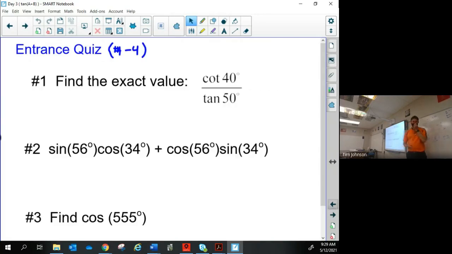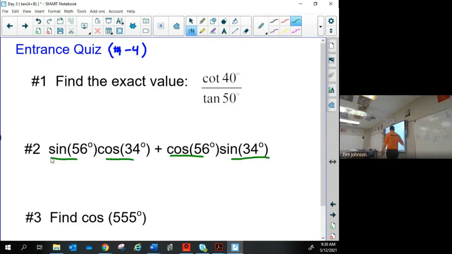But I do want to show you on number 2, why have I been doing all of these problems right over here? Because a problem like this, you should be able to go up here and solve and get an answer for without using your calculator and finding out, oh yeah, what's the sine of 56? What's the cosine of 34? Because right away, you should see that it goes sine, cosine, cosine, sine.